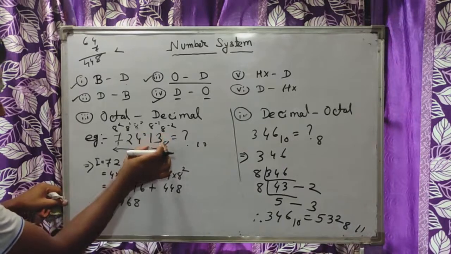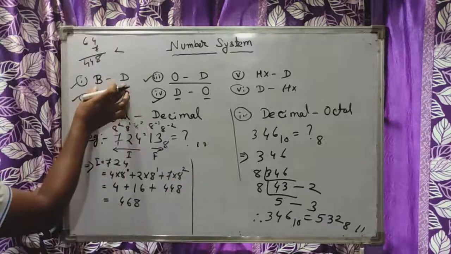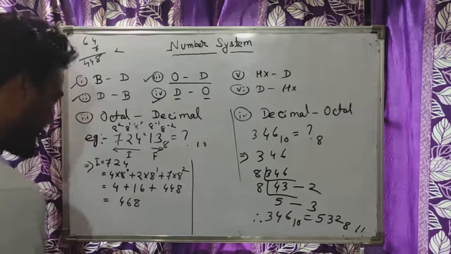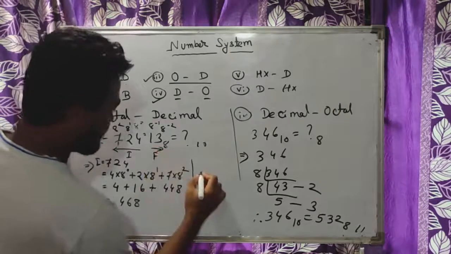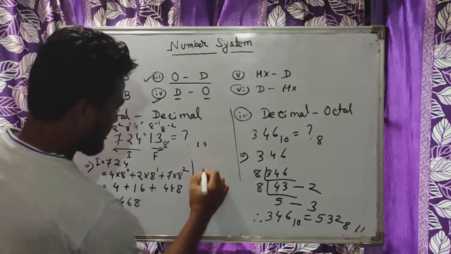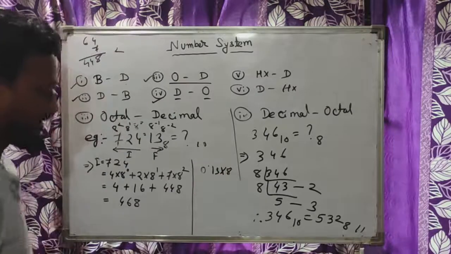Now let's find out for this fraction part. For the fraction part, in this category, you can say in binary to decimal, we use what? Again multiplication. But how did we do it? We used to take, suppose our fraction part is 0.13, we will multiply it by 8, right?